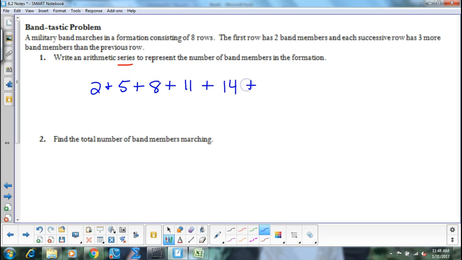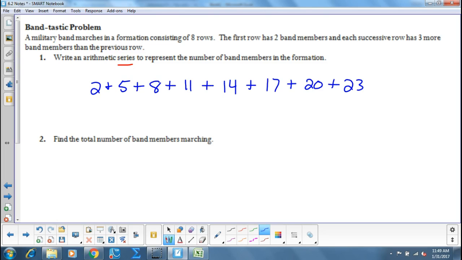Sixth row. Seventh row. Eighth row. 22. Ninth row. There's only 8 rows. What, Ben? There's only 8 rows. So do I have to go any further? No. So I stop. Okay, stop at 8.